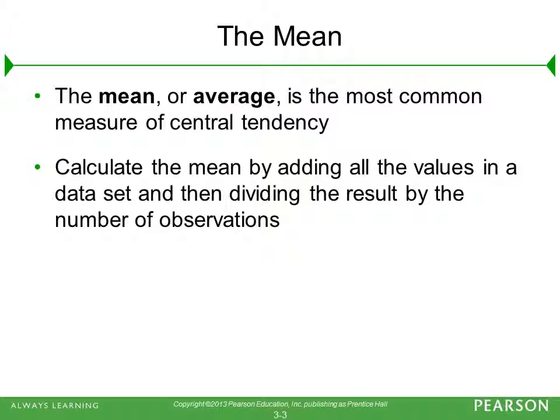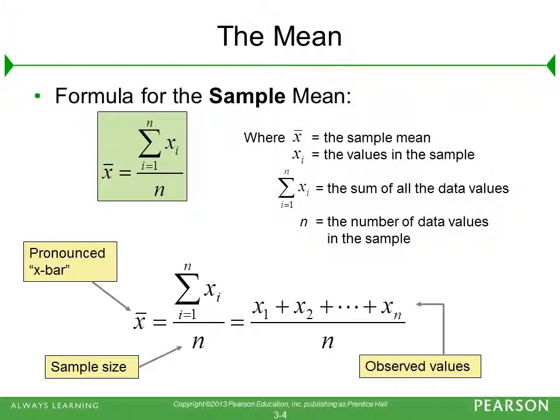The mean or the average is the most widely used statistic, and it's simply calculated by adding all the values and dividing by how many there are. Here's the formula for the sample mean. x bar, which is the notation for the sample mean, equals the sum of all observations, where each observation is referred to as x.